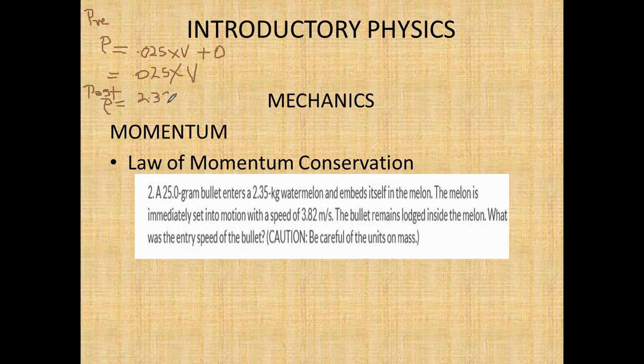These little steps are very important, because if you miss something, you're going to get an incorrect answer. So this is the mass of the bullet and the watermelon. You're going to multiply this by the velocity of the combined bullet and watermelon, which is 3.82.